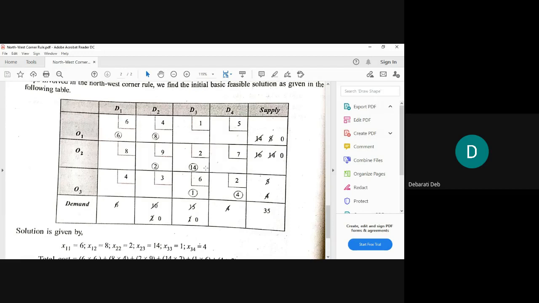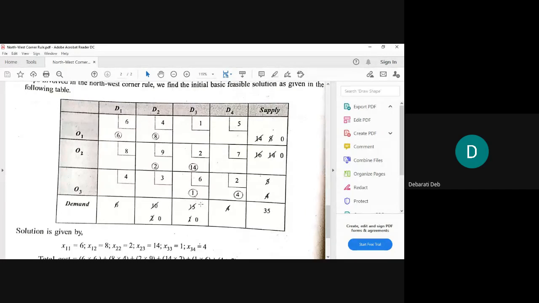Similarly, in the column total also, we had 15. Out of 15, we had exhausted 14. So 15 minus 14, we will strike off 15 and write 1. We are now having 1 in this third column total and 0 in this second row total. Okay.